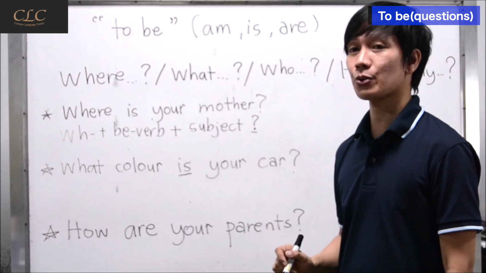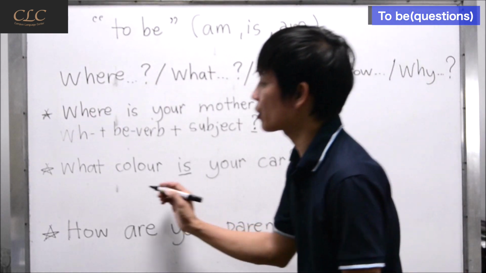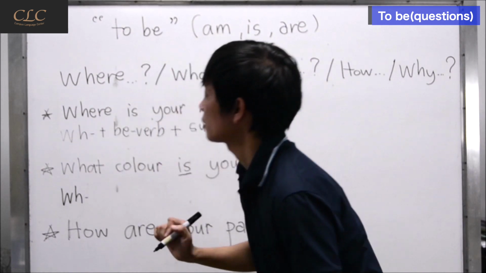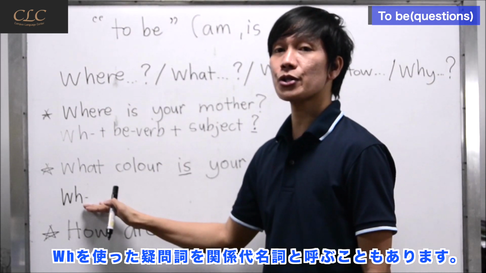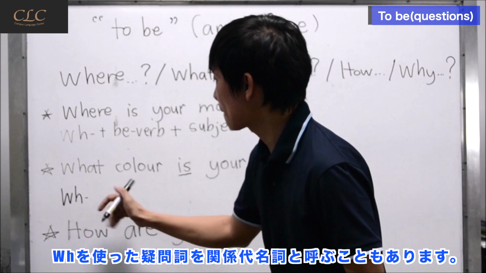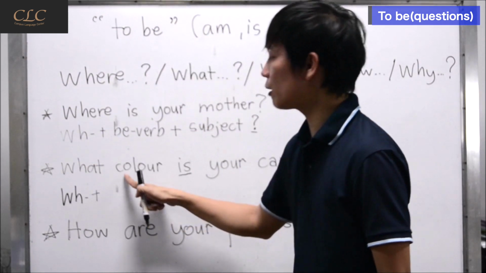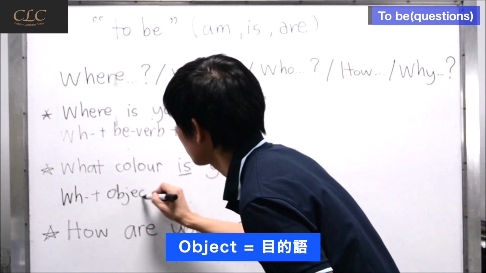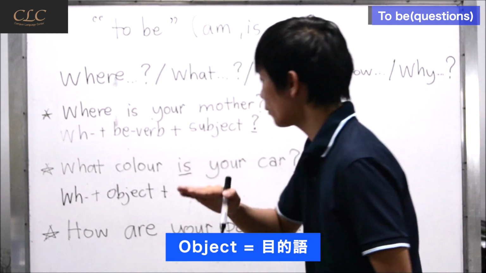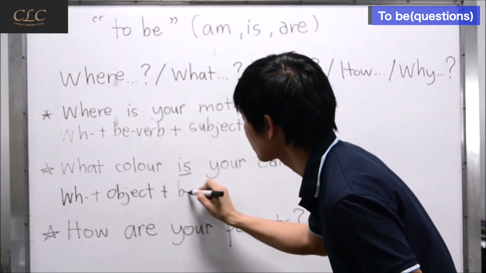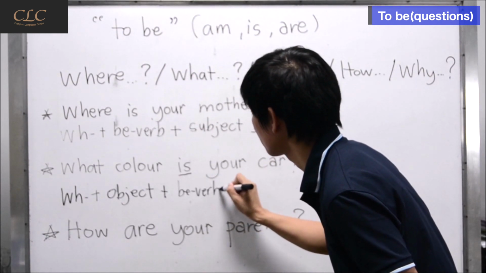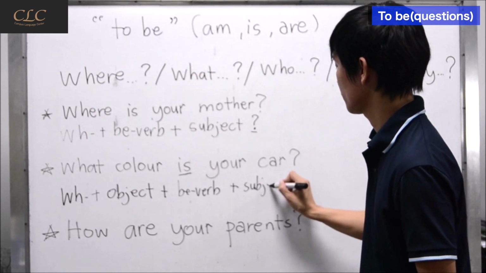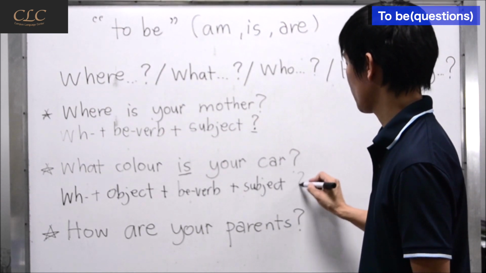Now let's check the structure. We have here the WH question, or we can also call this one a relative pronoun, and then there is an object, color. So plus object, and then don't forget the be verb, and then the subject, then question mark.